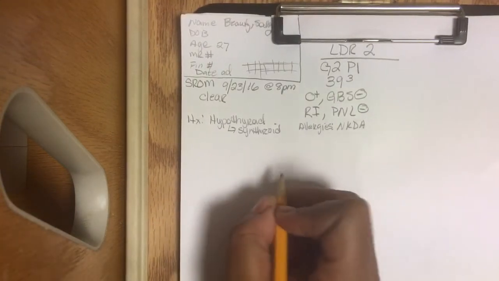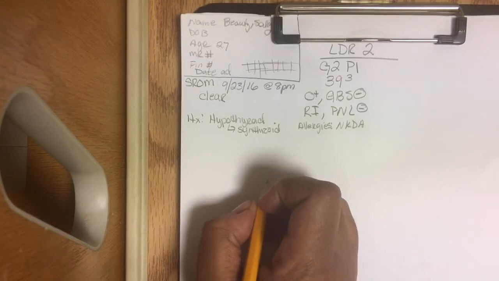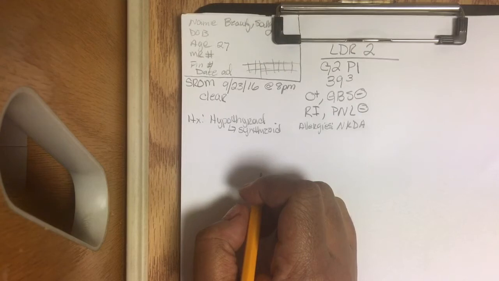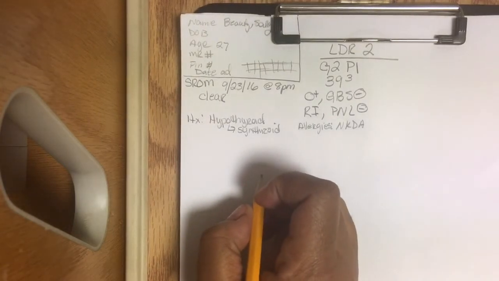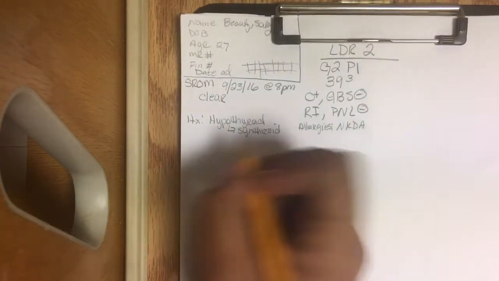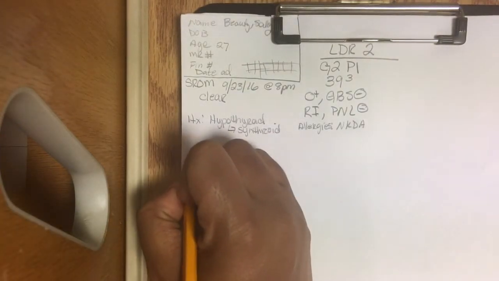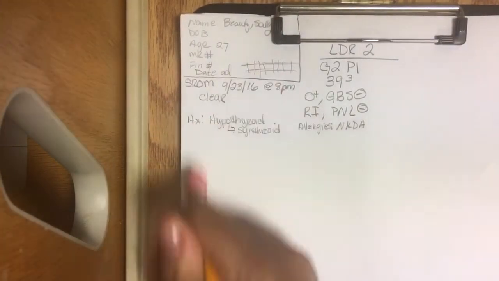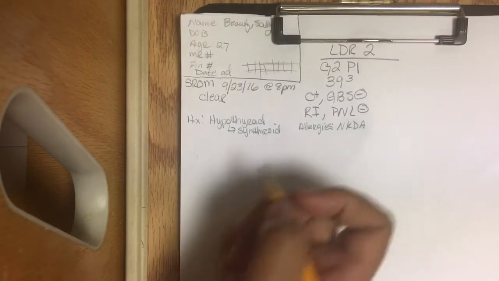Now we need to know, is Miss Beauty on any medications? Let's say she came in and she wasn't contracting very frequently, and we needed to start her on some Pitocin to help her labor and increase her contractions. Well, actually, before we do that, how many centimeters dilated is she?